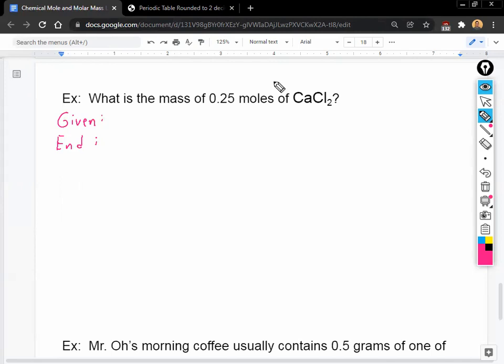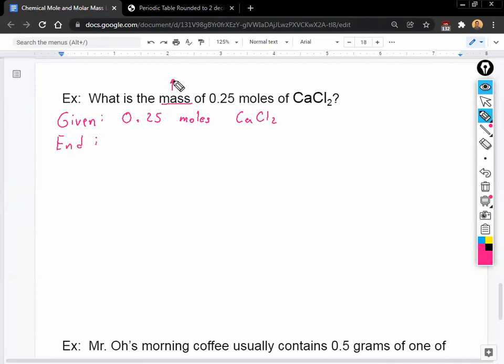What's the starting number in this problem? Yeah, 0.25, but we have to be specific. 0.25 moles of CaCl2. So this whole thing is going to be our starting number.